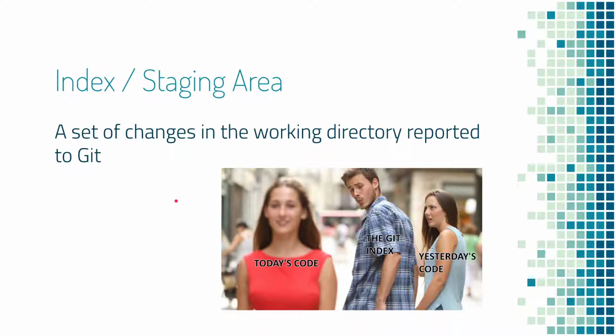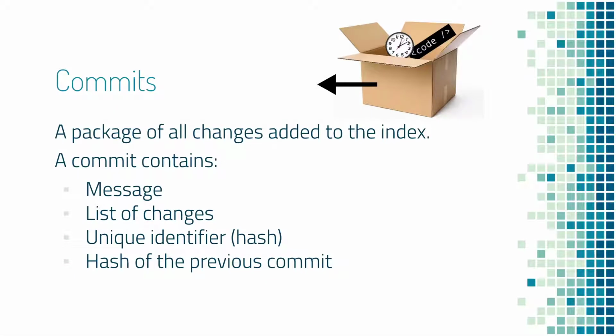So that's where the changes are built, and you build this package of changes called a commit in the staging area. A commit takes all of your changes that you make at once and packages them essentially into a little box. And that box contains a few things.